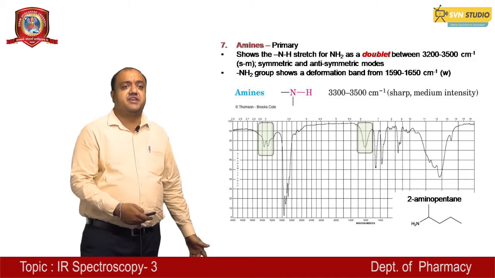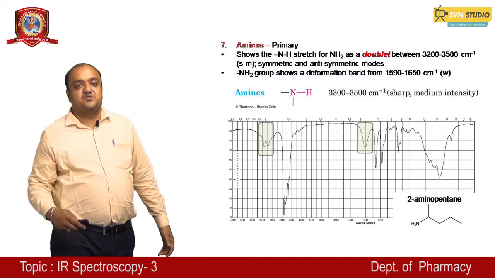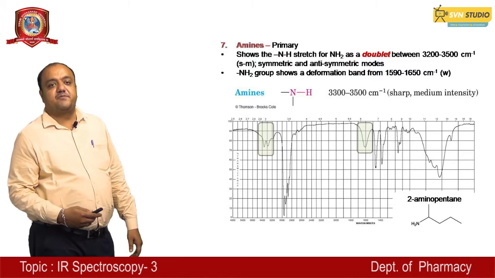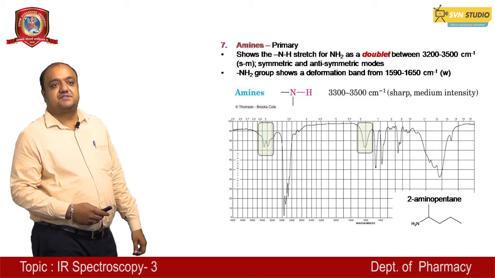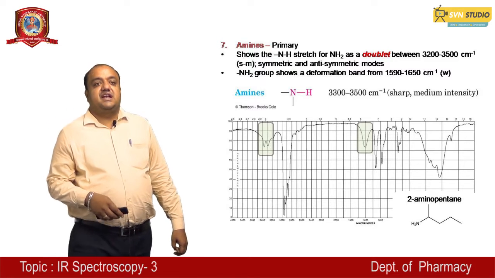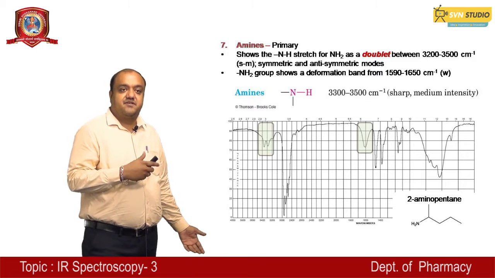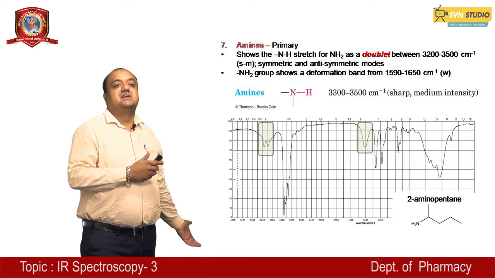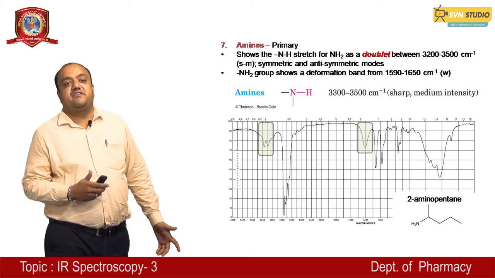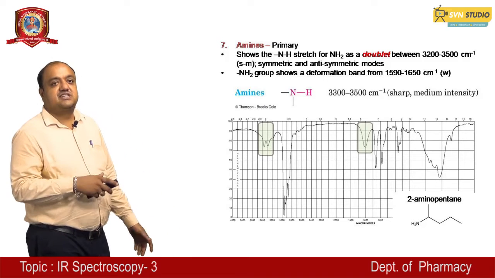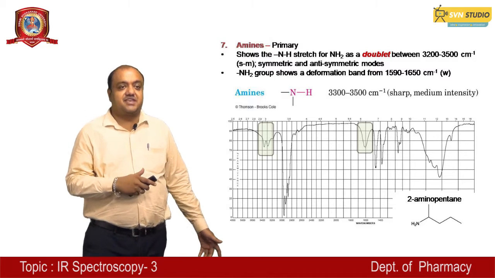Amines: a primary amine shows the NH stretch for NH2 as a doublet between 3200 to 3500 centimeter inverse, with symmetric and anti-symmetric modes of vibration, and NH2 groups show a deformation band from 1590 to 1650 centimeter inverse in a wide peak.